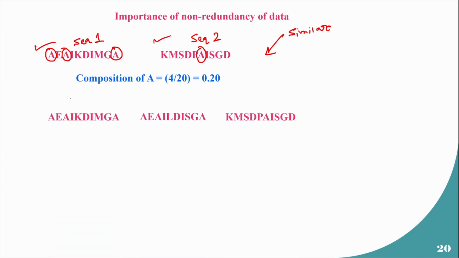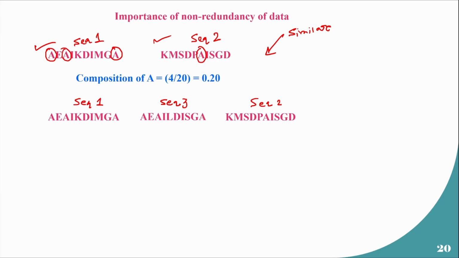Let's say this was our sequence 1, this is our sequence 2. And now we are introducing a new sequence, sequence 3, in this dataset. And now let's say we are trying to calculate the composition of alanine again.